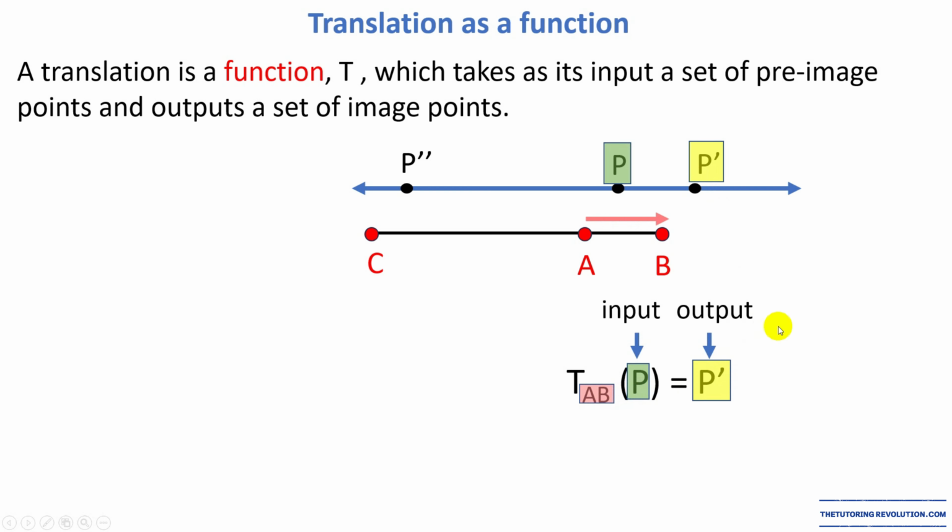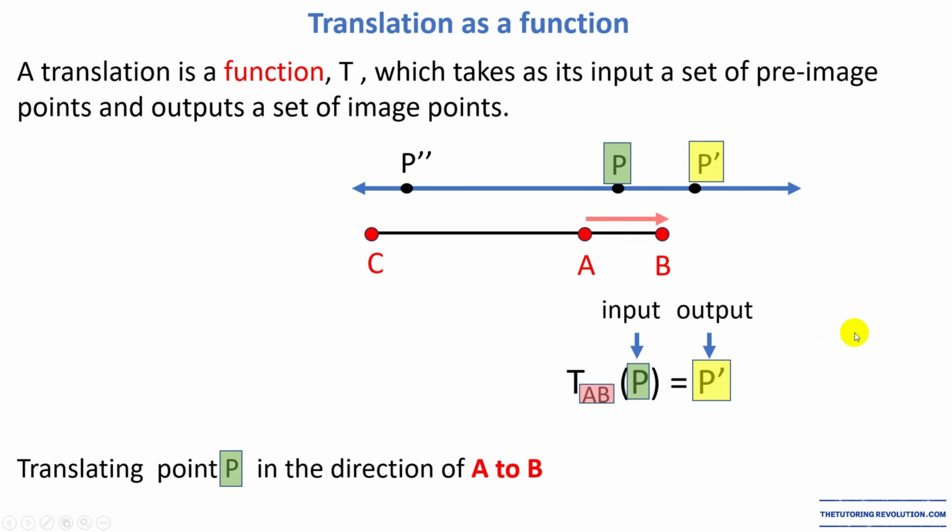So P is going to move in the same direction from A to B, and the same distance as the distance from A to B. And that will create the point P prime. So translating point P in the direction of A to B gets you to point P prime. That's how you will read this function here.